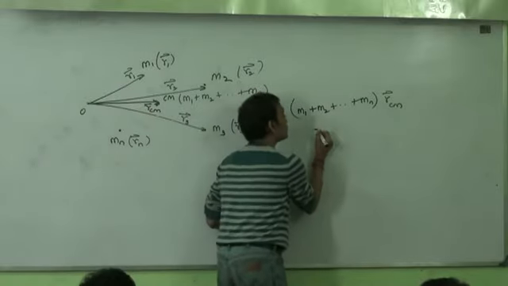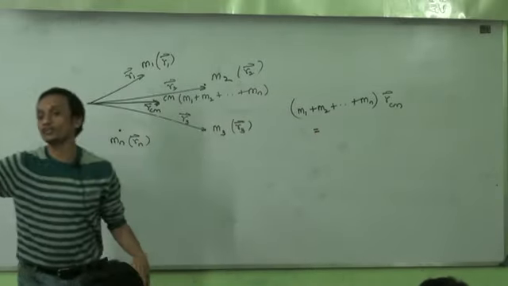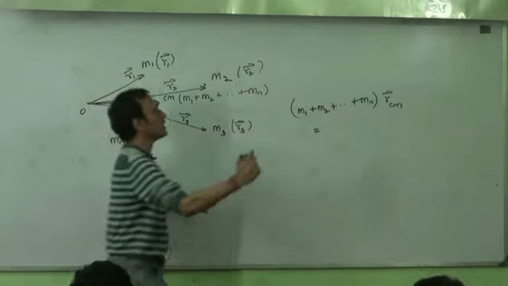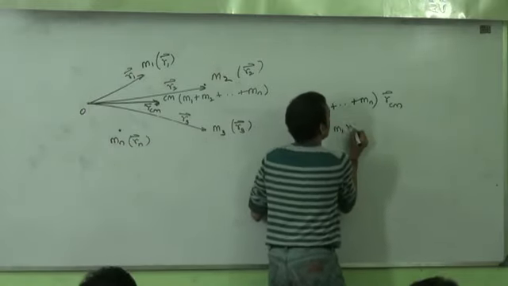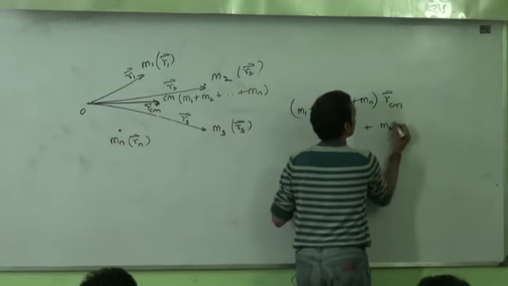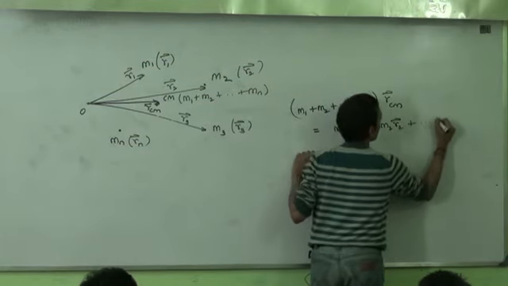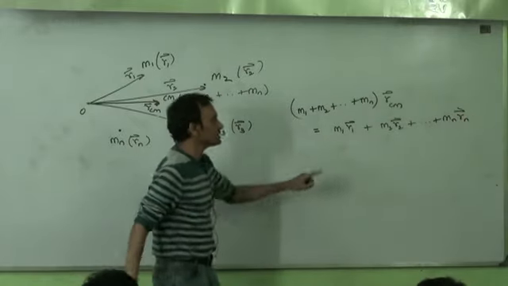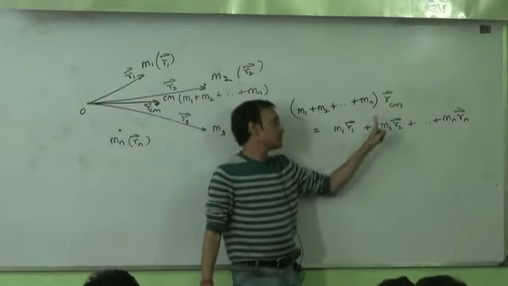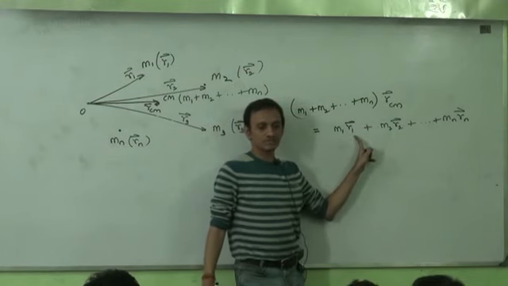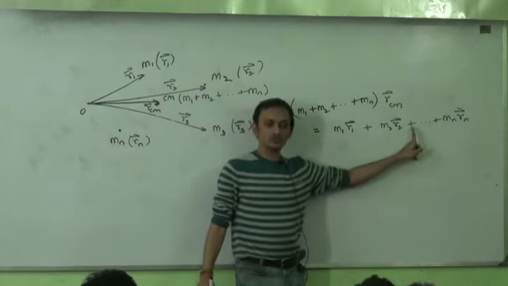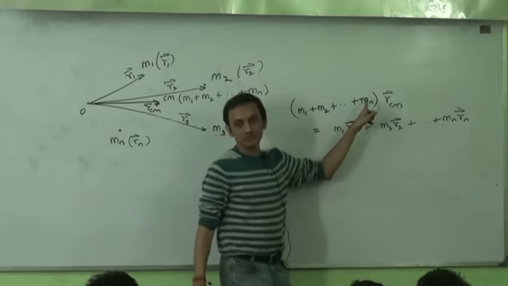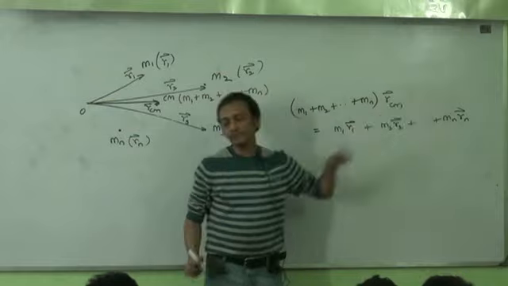That's going to be the vector sum of the moments produced by all the constituents, that is m1r1 plus m2r2 plus mnrn. Leading to RCM being moment of mass 1 about O, moment of mass 2 about O, moment of mass 3 about O divided by m1 plus m2 plus mn, right?